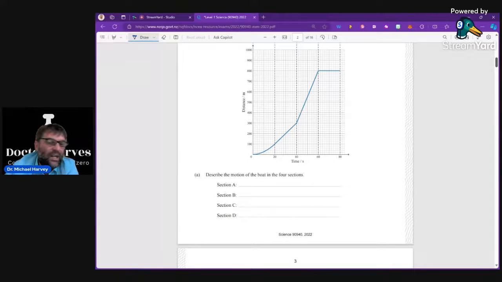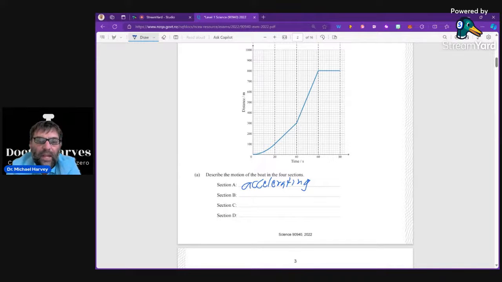For section A, you will see it's slightly curving up over those 20 seconds, the motion over the 100 meters. If you see that curving up in a distance time graph, that means the object is accelerating.